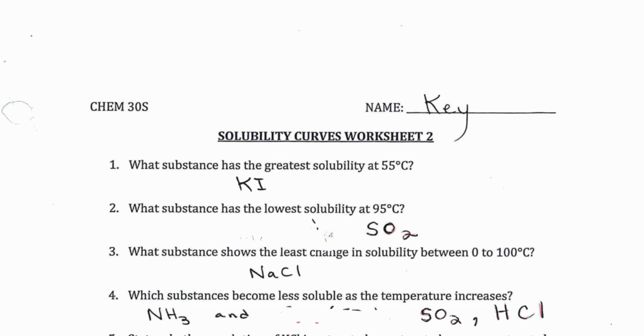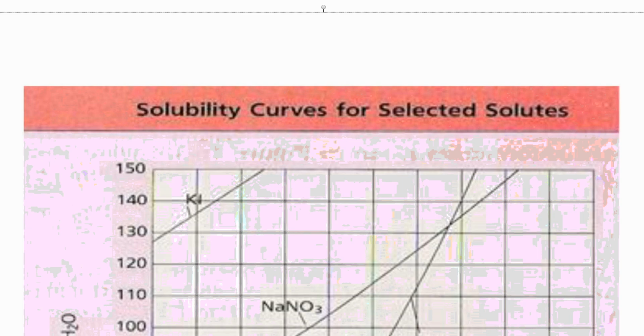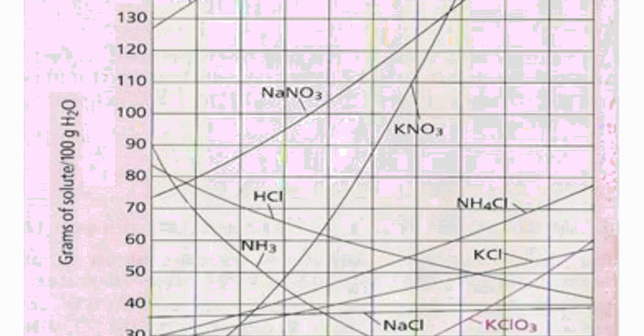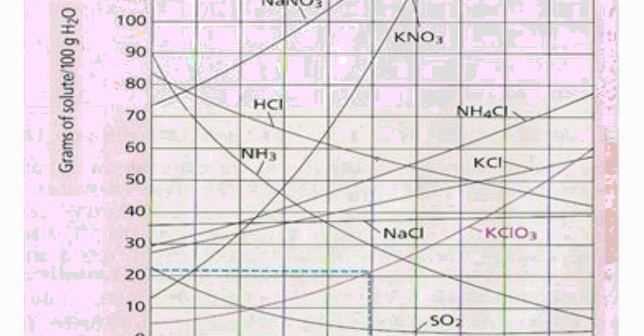Okay, question 4 says, which substances become less soluble as the temperature increases? So if we go to our graph, those are going to be the ones that have a downward slope to them. You get fewer and fewer grams able to dissolve as the temperature increases.